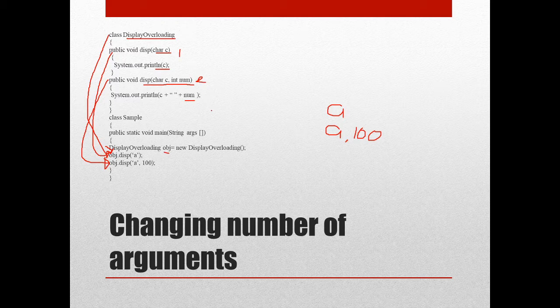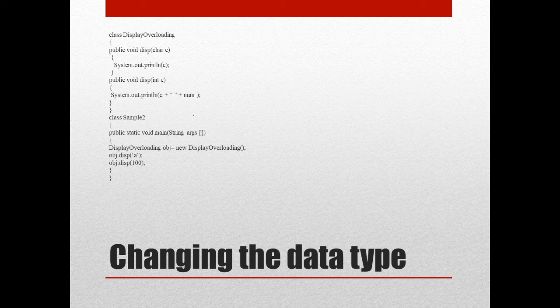Now, let's move on with changing the data type. Again, using the same program as the example a while ago, we have a display overloading. As you all know, we have here character c. That's the first method.